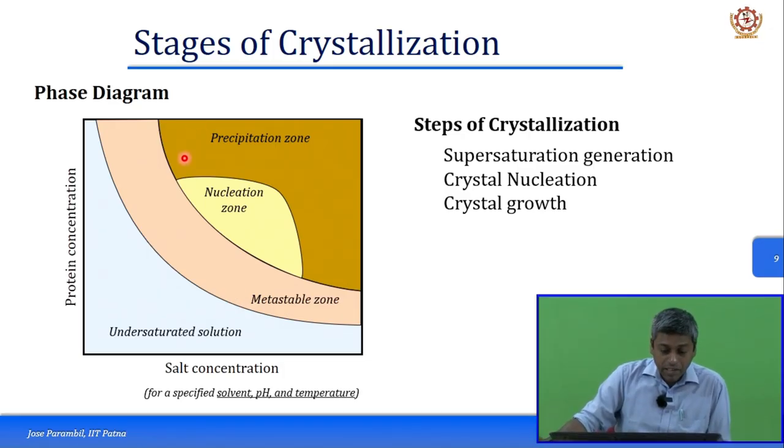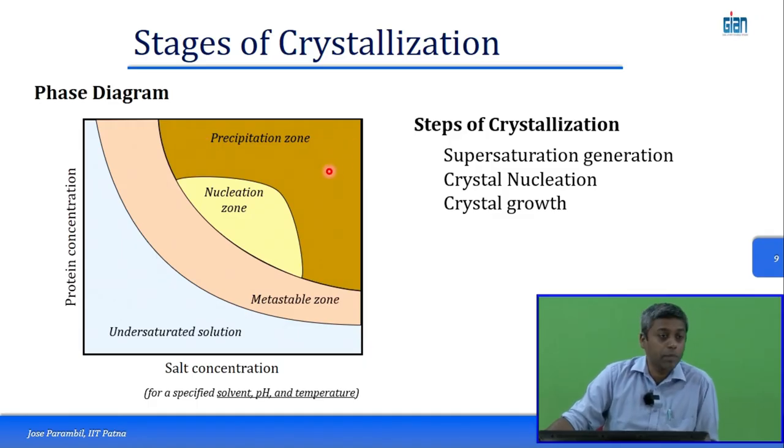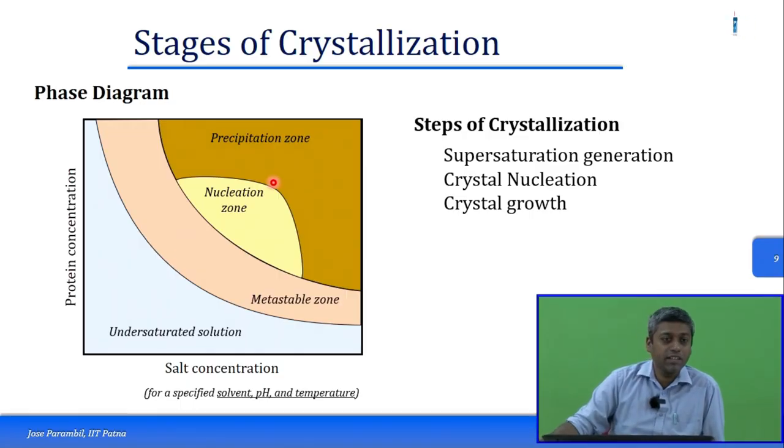Now, it is interesting to see that in protein crystallization with salt, you often see quite a lot of region which is nothing else but a precipitation zone. Now, what do you mean by precipitation? Solubility is very low, and the proteins or these molecules just start to precipitate and form solid material. But this solid material might not be crystals.